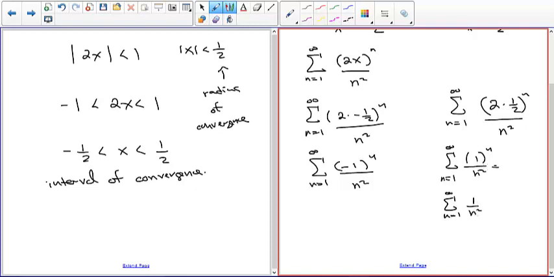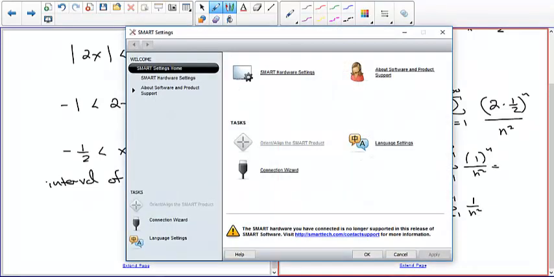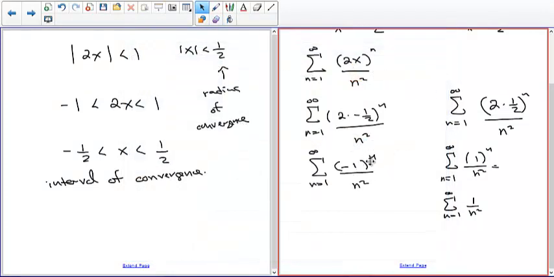And that happens a lot. One of the endpoints gives you an alternating series, and one of the endpoints gives you a non-alternating series, where you have the negative part raised to some power. So this is an alternating series, and this is a p series.